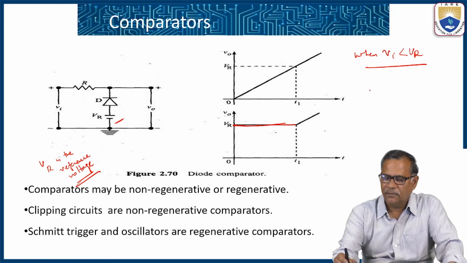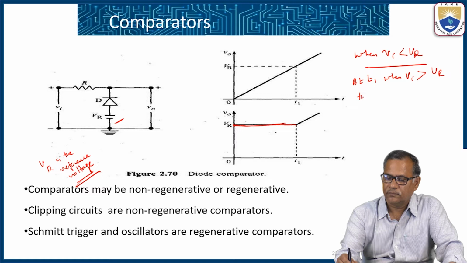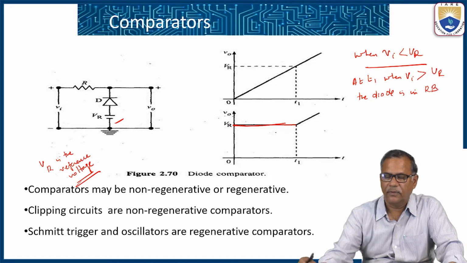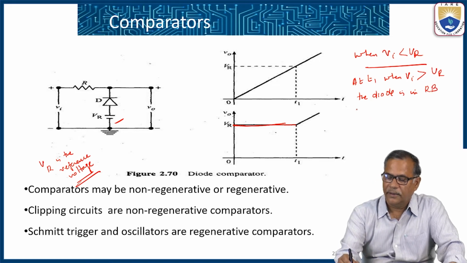So at T1, when Vi is greater than VR, the diode is in RB, in reverse bias, and it acts as an open circuit, and the output voltage V0 is equal to Vi.